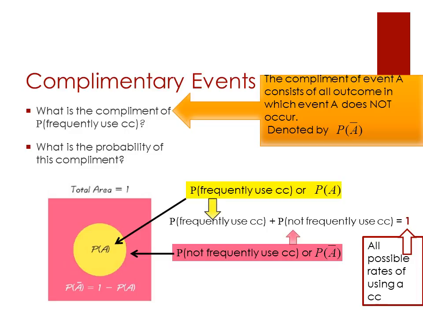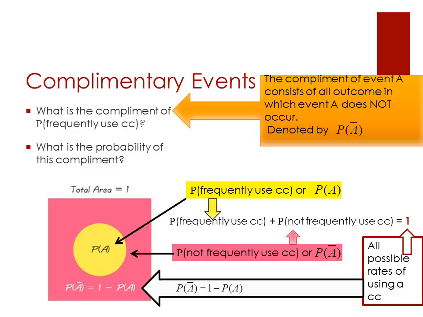So here we can see the total area of an event occurring consists of P(frequently using the credit card) plus P(not frequently using the credit card). This gives us all possible rates of using a credit card, including never using a credit card. Applying the algebraic translation of this, we get the ultimate formula here: P(not A) equals 1 minus P(A).